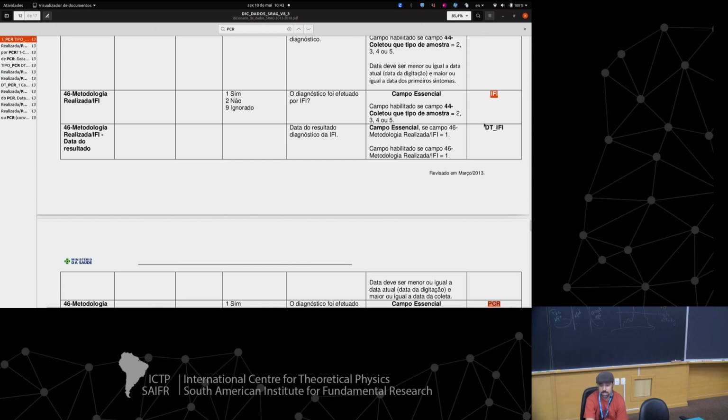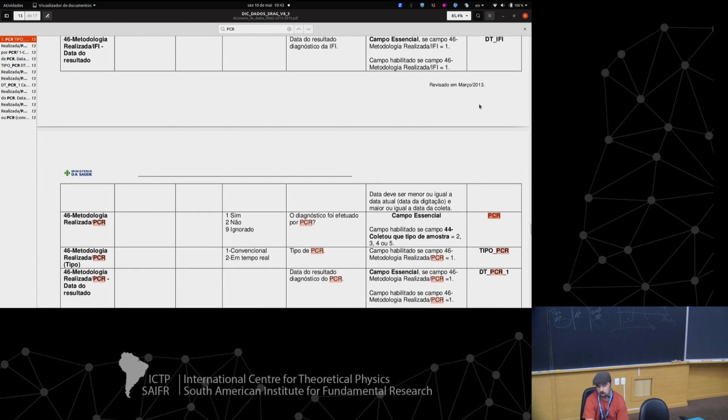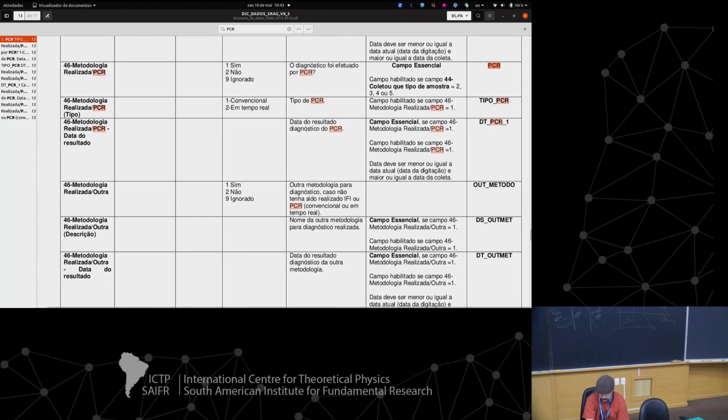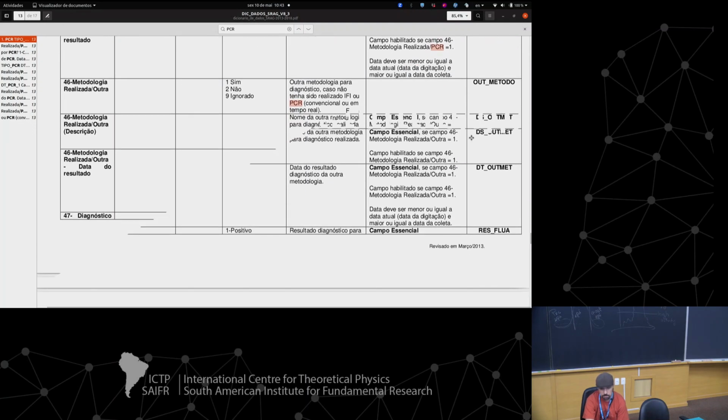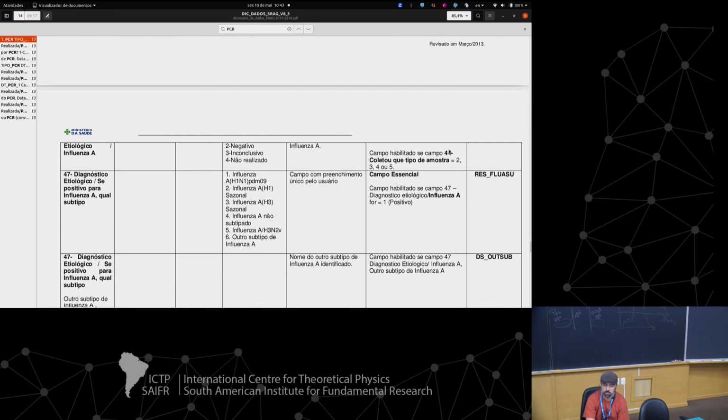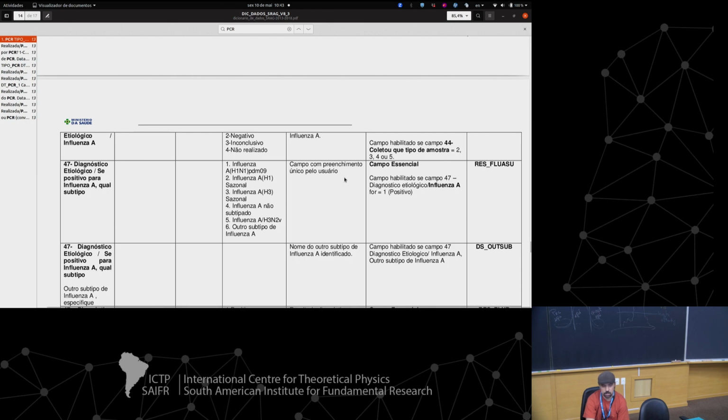And then, of course, this is just telling you whether the individual, that particular case, was tested through this method or the other. And then you have the data associated with the PCR. And then you have, well, was it positive to influenza A? If it was positive to influenza A, was it subtyped?